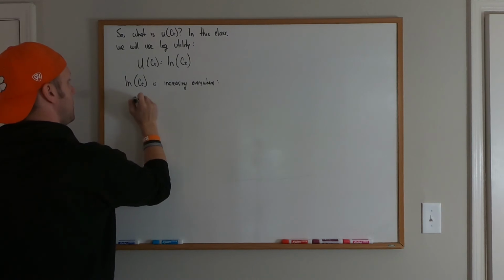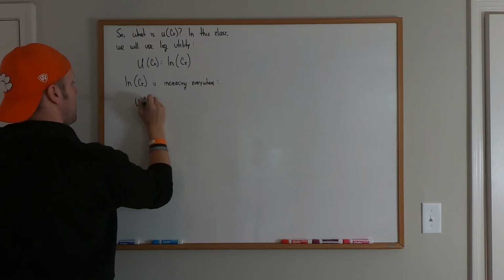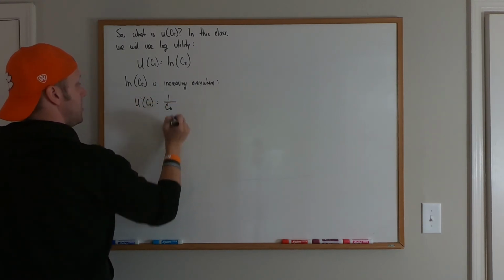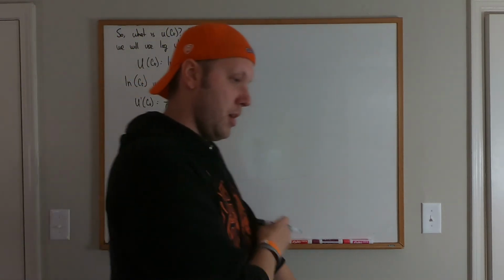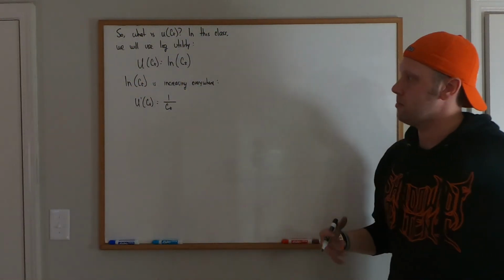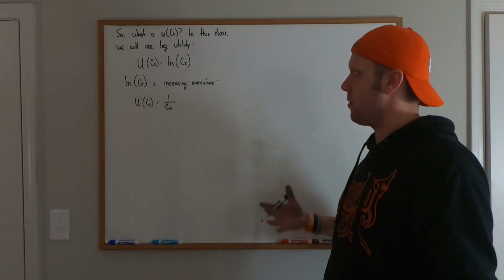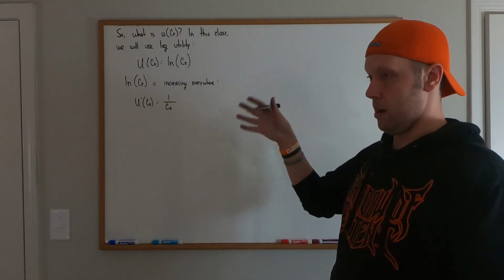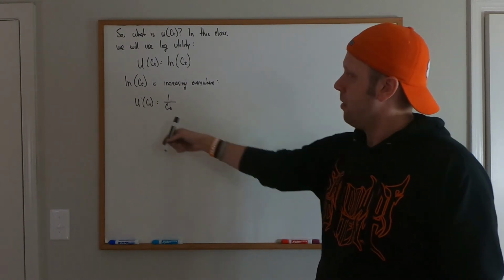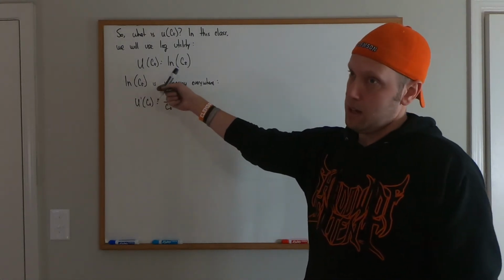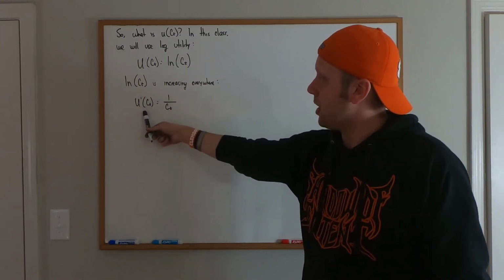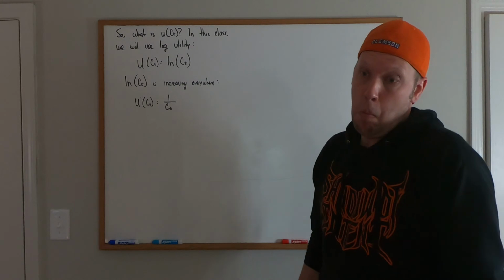Well, it means if U of CT is the natural log of CT, U prime of CT is 1 over CT. The derivative of the natural log of some argument, whatever you want it to be, is 1 over that argument. So the marginal utility of consumption is 1 over CT. That's pretty nice.